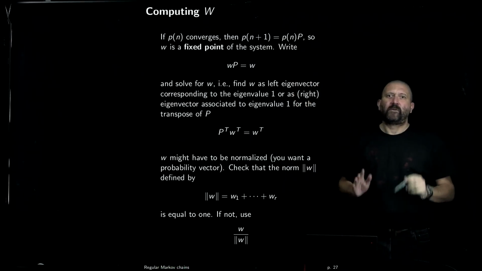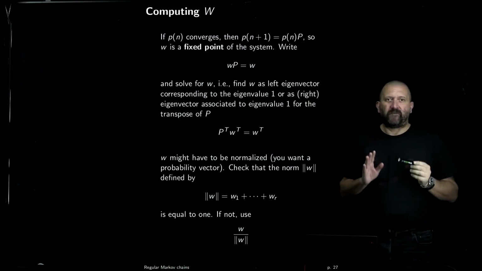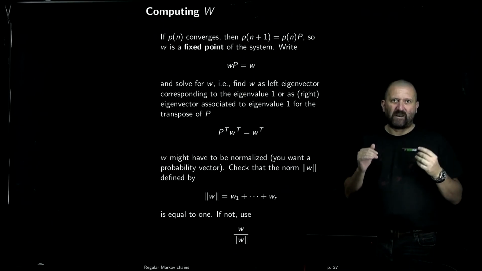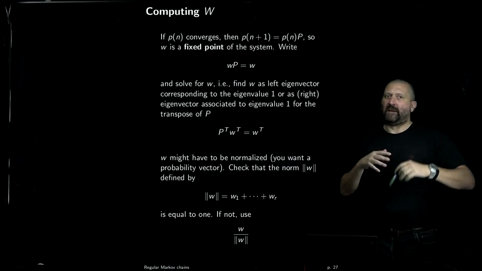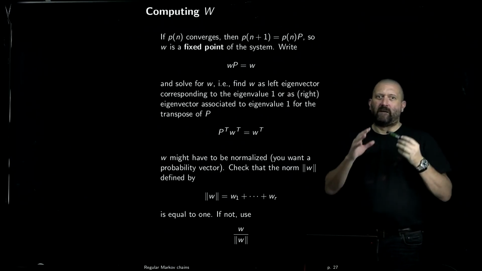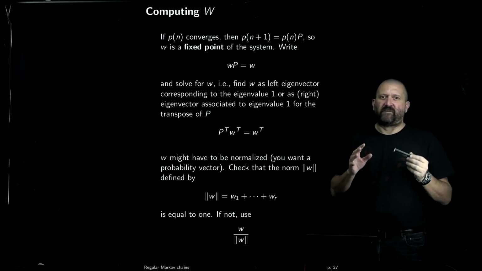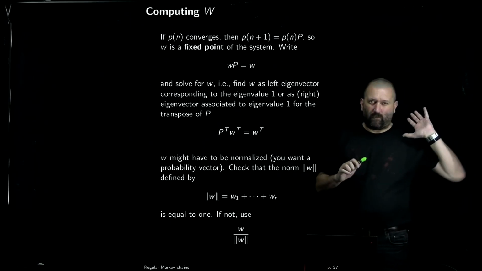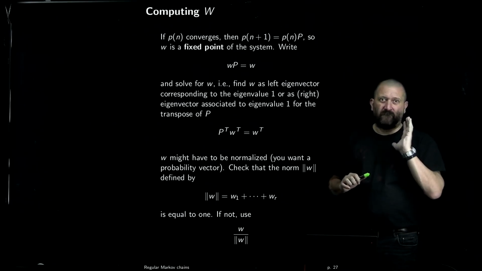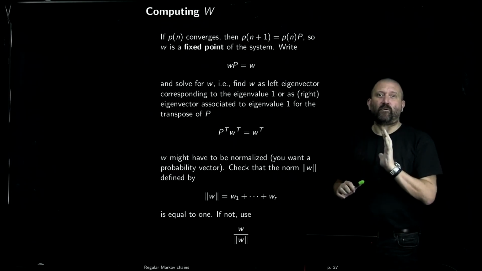To compute W, we first make the following reasoning, which is something that you will see from time to time in a variety of contexts in math. When n goes to infinity, there is a limit, so the process converges.